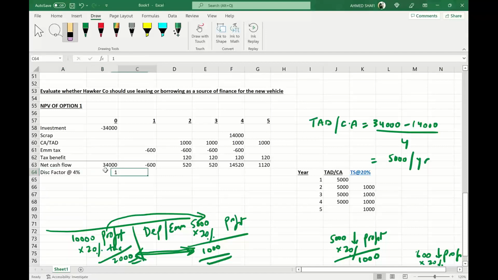Okay, the factors from the table are 1, 0.962, 0.925, 0.889, 0.855, and 0.822. Net cash flows multiplied by the discount factor give us present values.